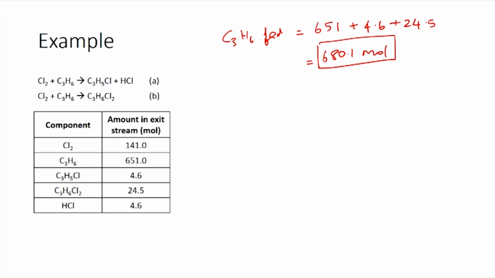Now, the second part of the problem asked us to calculate which of these two reactants was in excess and which was the limiting reactant. So, the limiting reactant is basically defined as the one which is given in the lower stoichiometric requirement. So, for this we need to identify the molar requirement and the stoichiometric ratio compared to what was being fed.